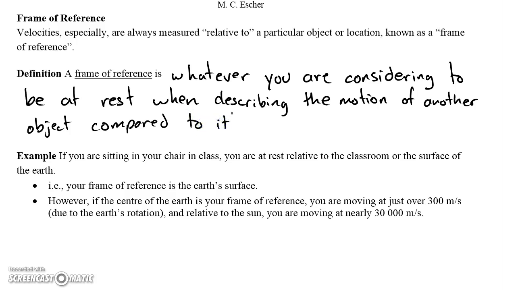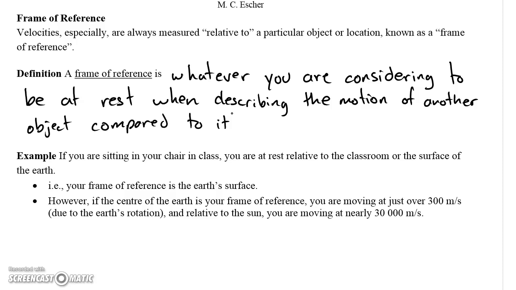So imagine you're sitting in your chair watching this video or in class, and you would consider yourself to be at rest. You're not moving. And that's a reference to you're not moving compared to the surface of the earth or the floor of the classroom, which is the same as the surface of the earth. But really, the surface of the earth is spinning.